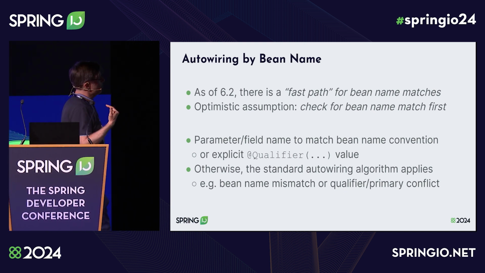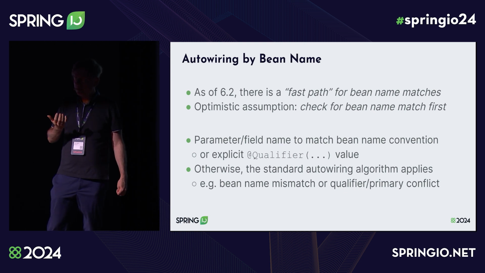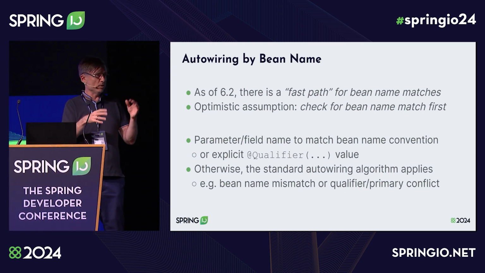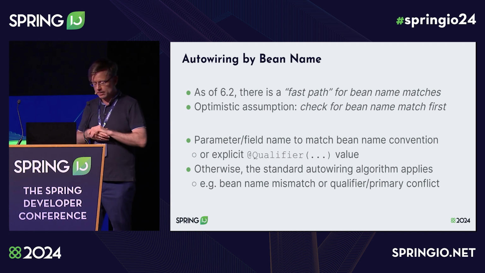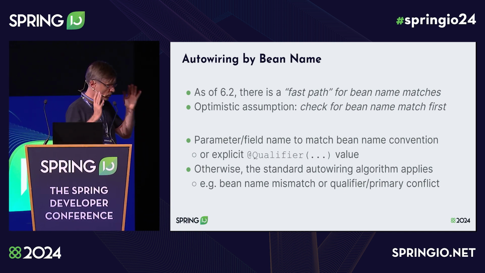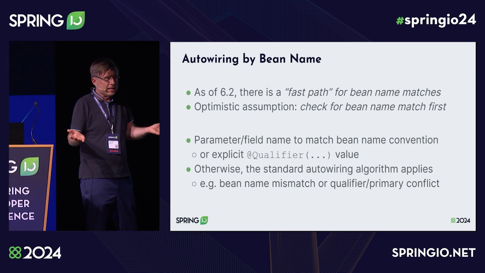There's basically a fast path for bean name matches, because one of the common concerns that we heard for many years is that @Resource with a straight name referenced in the annotation is a very quick lookup. We go straight into a concurrent hash map and look up a pre-registered singleton instance by name.